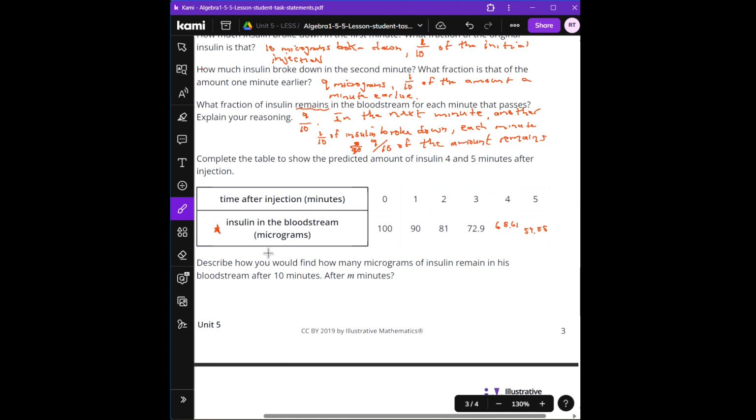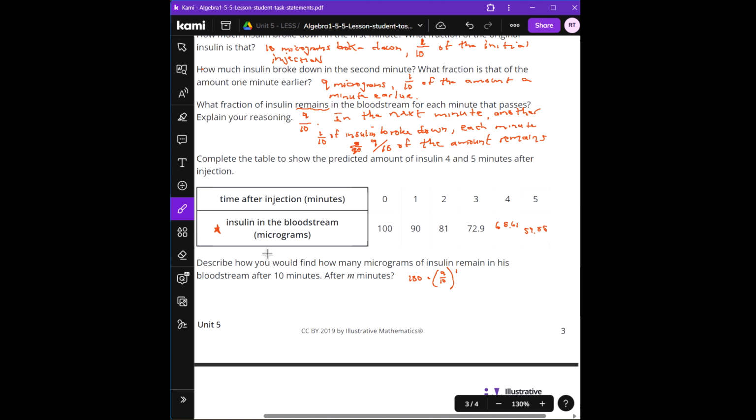Okay, now for the next one, describe how you would find how many micrograms of insulin remain in the bloodstream after 10 minutes and then after m minutes. Remember, we have how much we have at the beginning, which is 100. And then we're going to multiply it by 9/10, which is what is left after a minute.